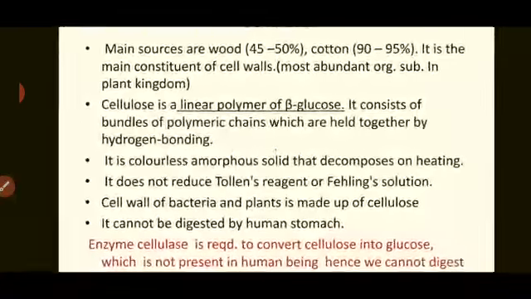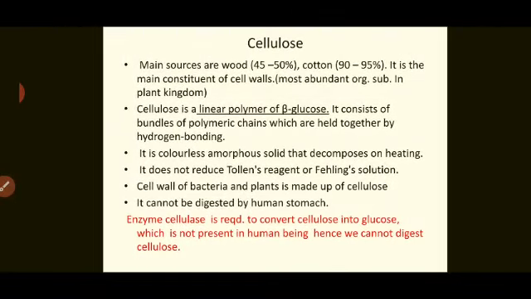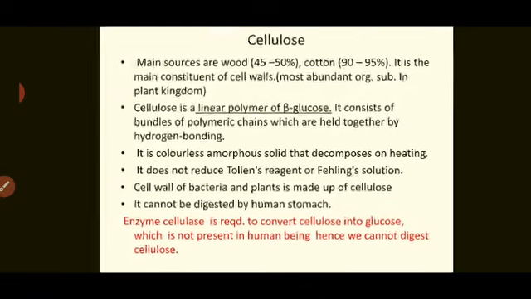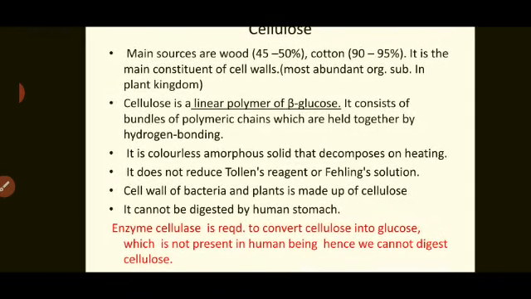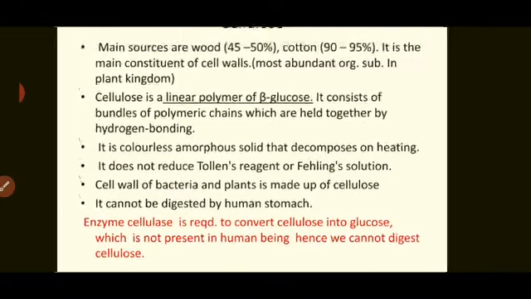Next one is cellulose. I hope you have heard this word cellulose, or you might be familiar with sellotape, because this sellotape can be formed by using cellulose. Main sources are wood, that is 45 to 50%, and cotton 90 to 95%.